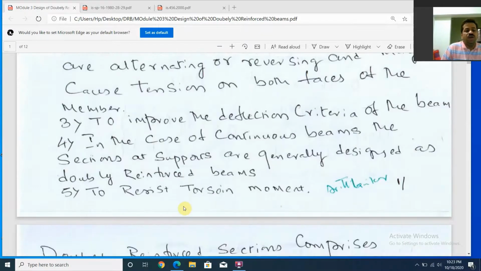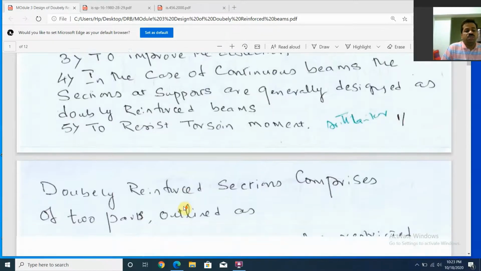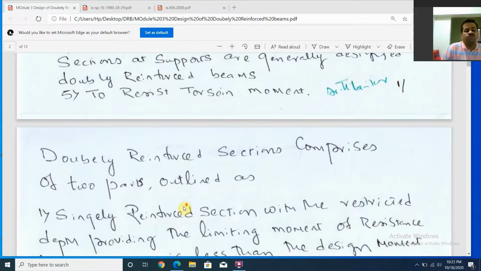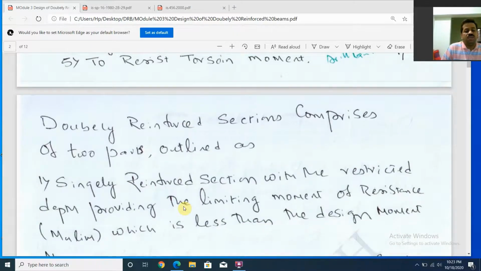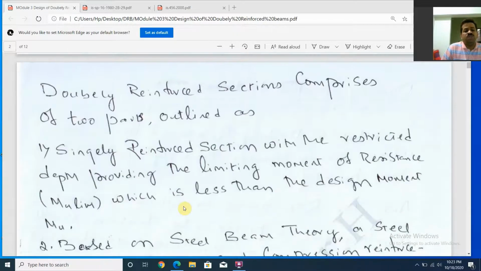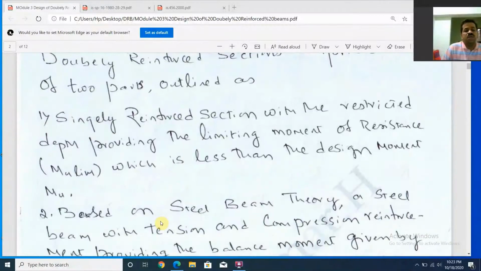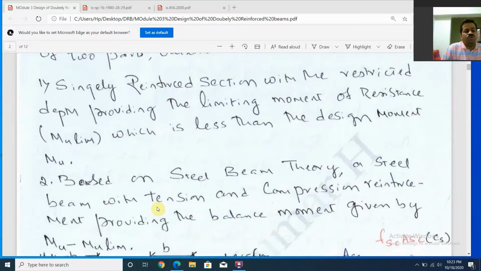So with this regard, we'll go back to the derivations we discussed in the last class. A doubly reinforced section comprises two parts. The first is a singly reinforced section with the restriction of the depth, providing the limiting moment of resistance Mu limit, which is less than the design moment Mu.